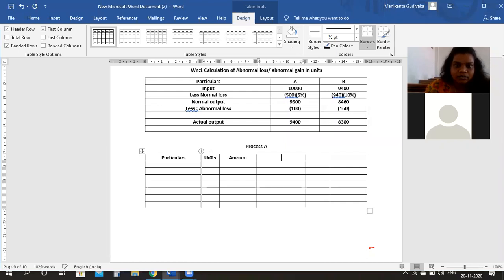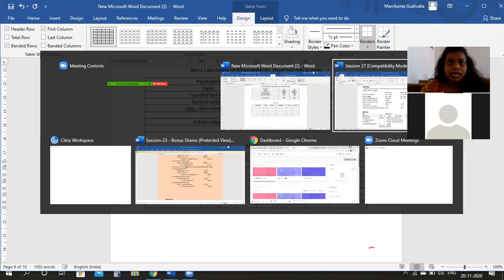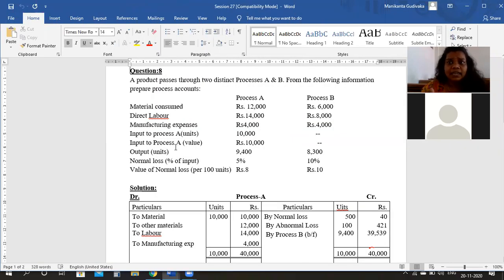The same goes for the credit side also. Now let's take all the things which are coming on the debit side: all the material, labor, all the other expenses.